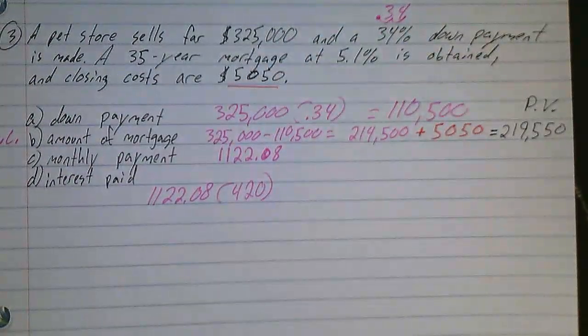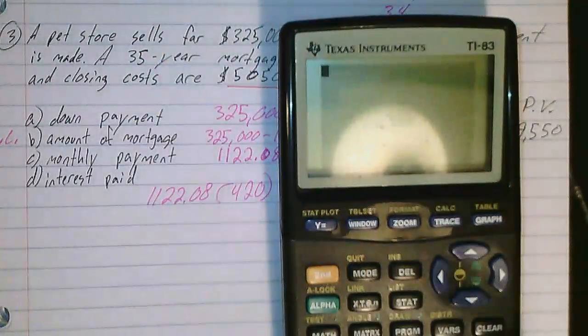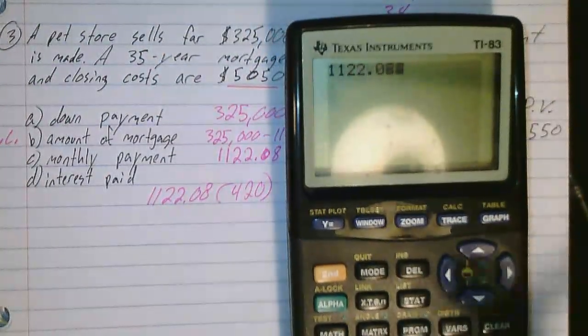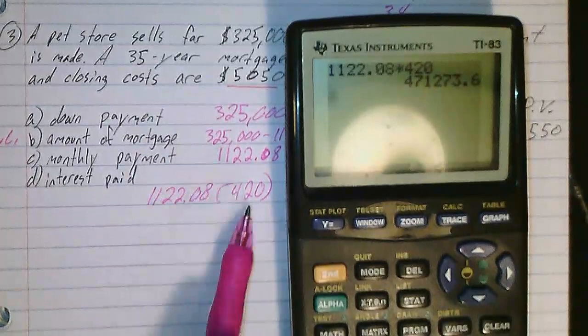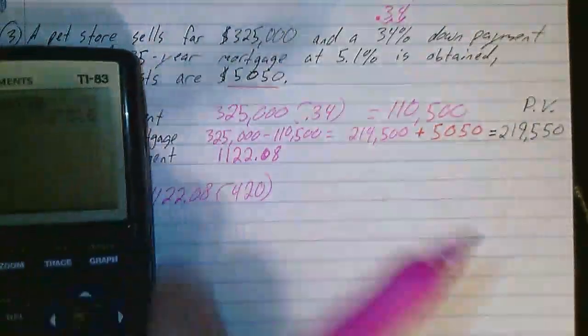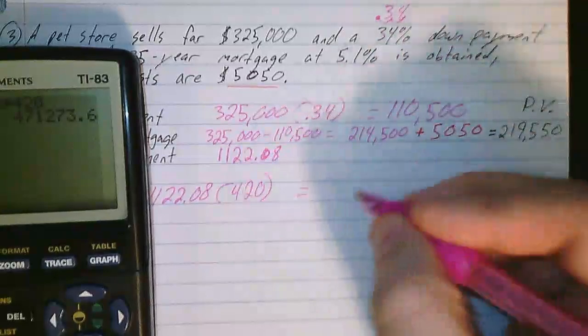So 1122.08 times 420. Put that in the calculator. And for this pet shop, we are going to pay $471,273.60. And we found that by multiplying the monthly payment times the number of months.